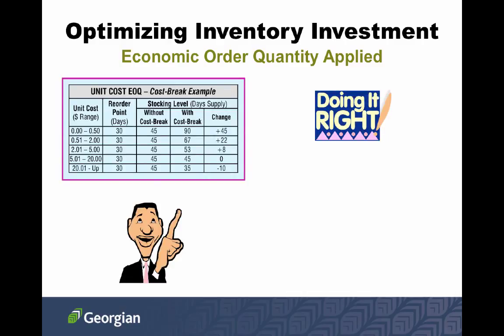Now let me illustrate this by unit cost EOQ, as I call it here. You will probably remember this table from the matrix pricing formula that we used in the previous chapter. The unit cost dollar range from 0 to 50 cents, 51 cents to $2, $2.01 to 5, $5.01 to 20, and 20 and up.